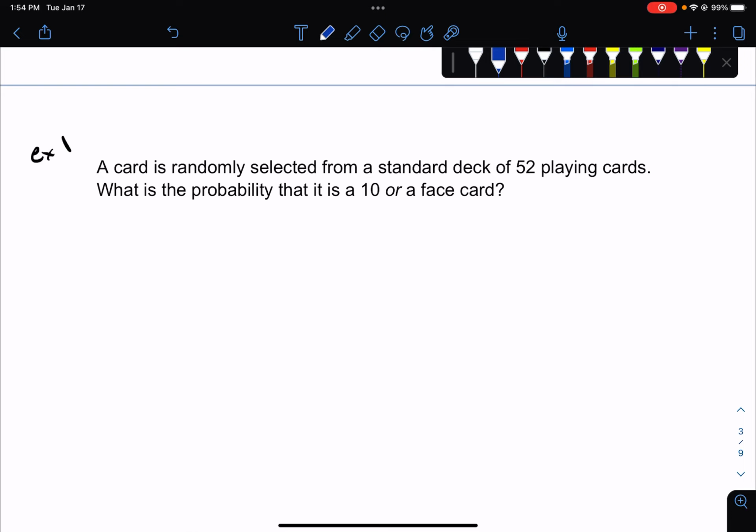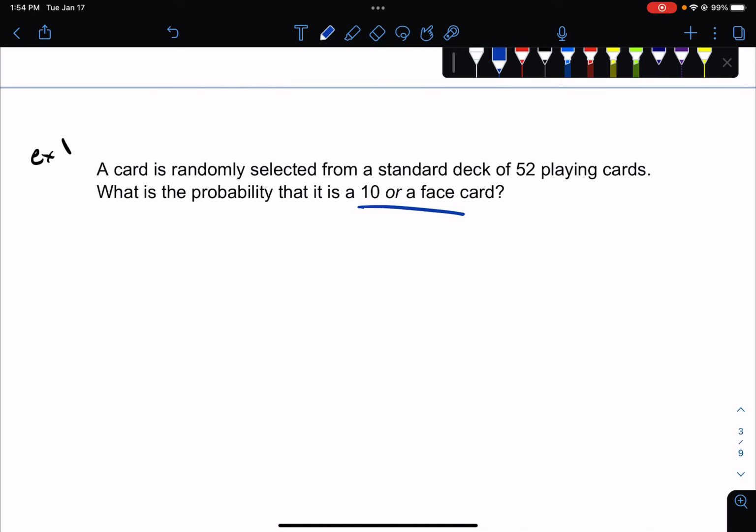A card is selected from a standard deck of 52 cards. What is the probability that that card is a 10 or a face card? All right, so the keyword, first of all, is "or." That means I'm going to be adding probabilities together instead of multiplying.